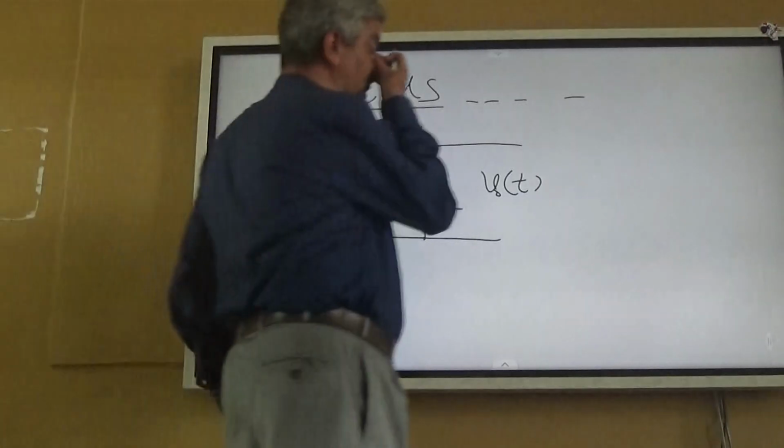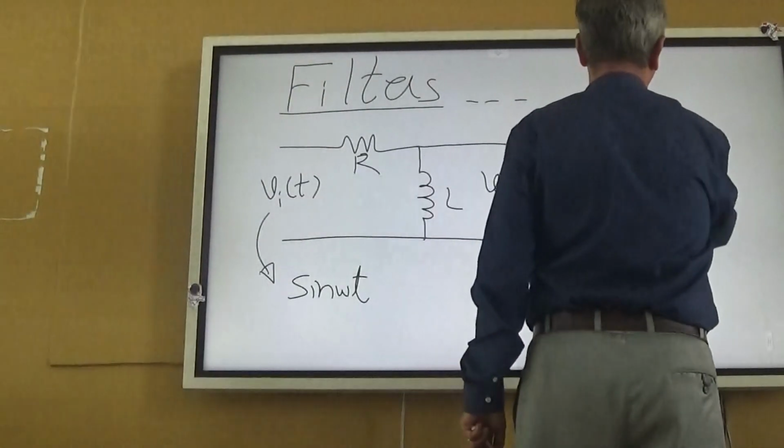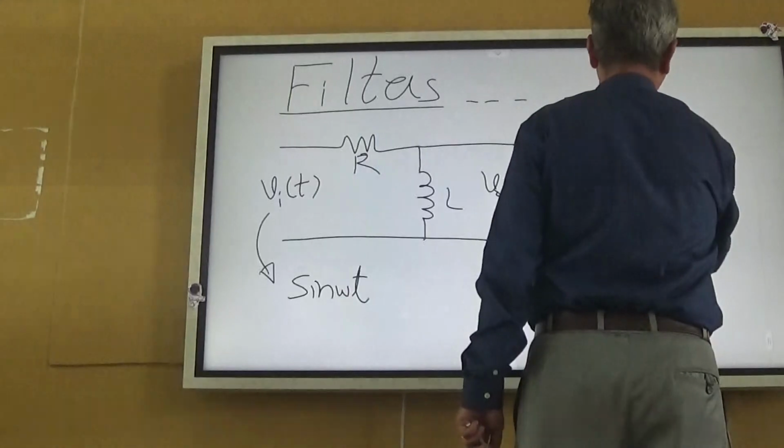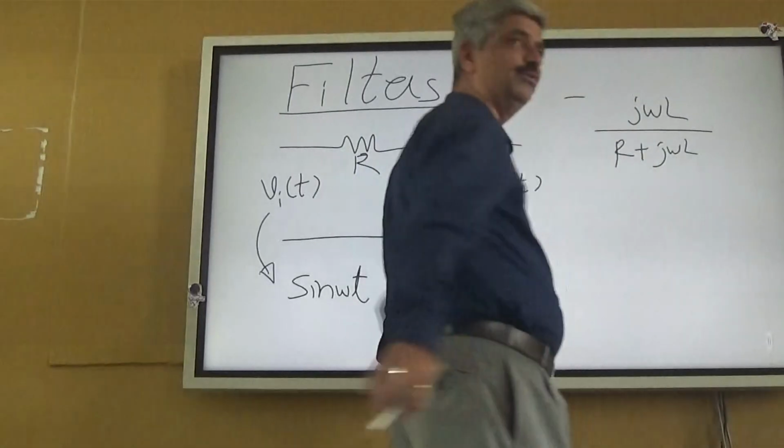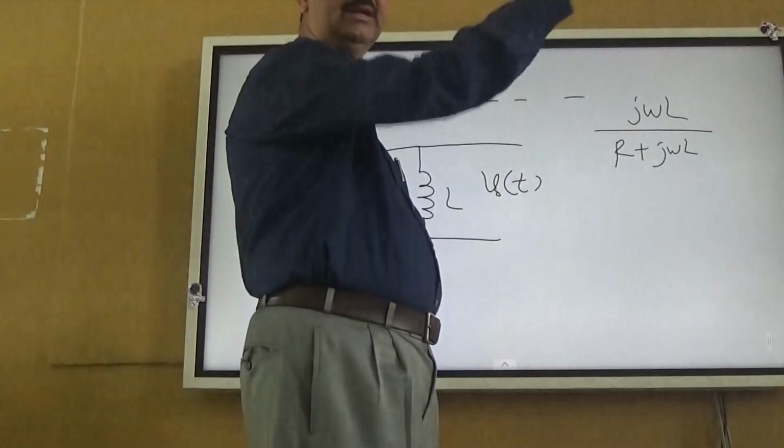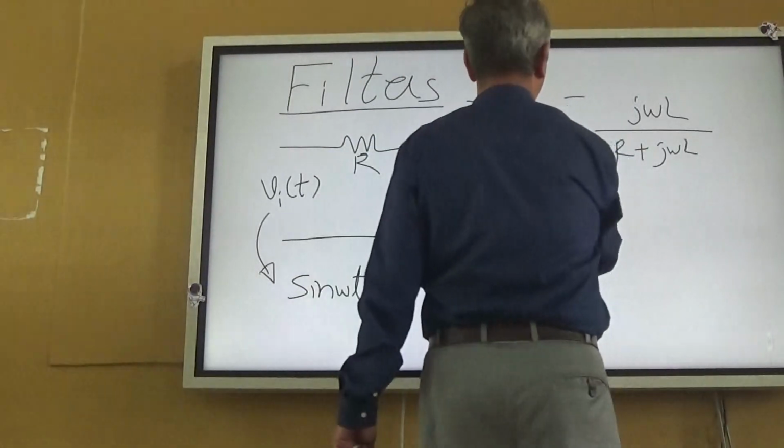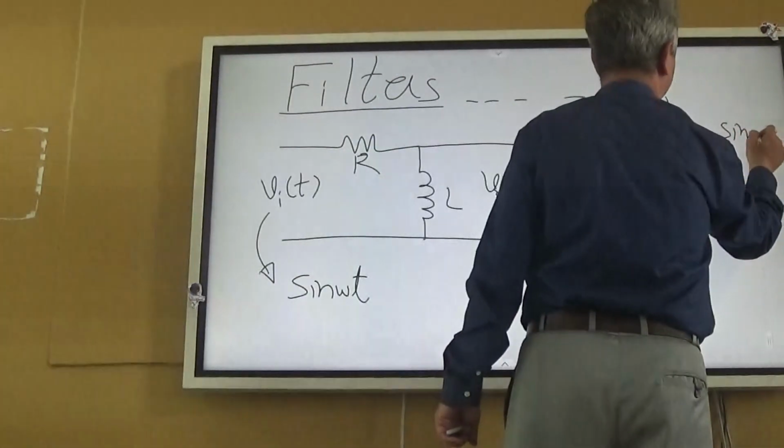So in that case, what we find is that the output is j omega L upon R plus j omega L into Vin(t), which is sin omega t.